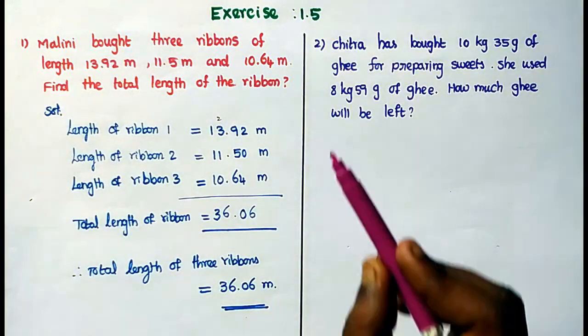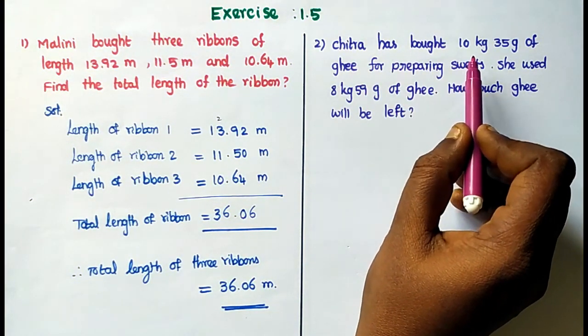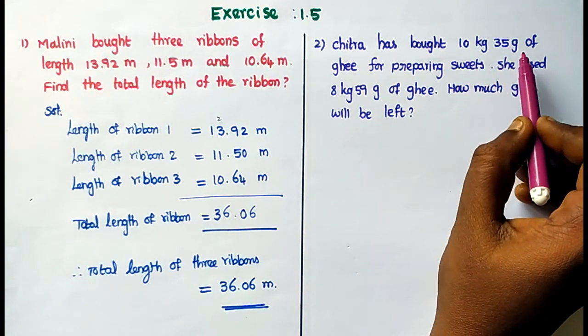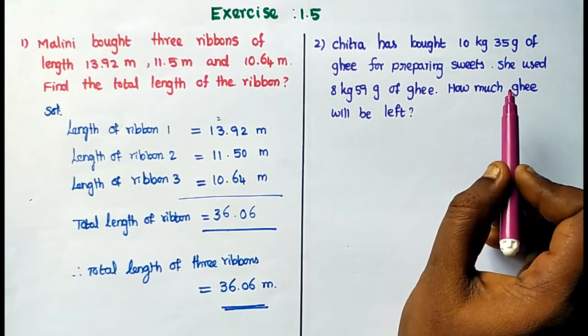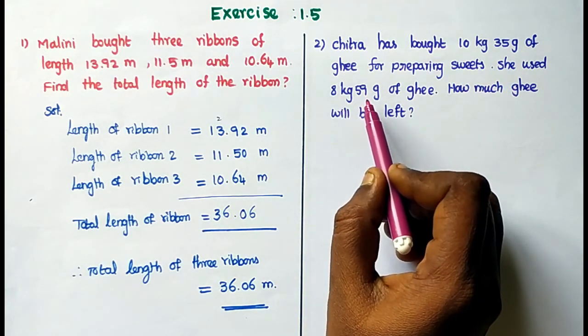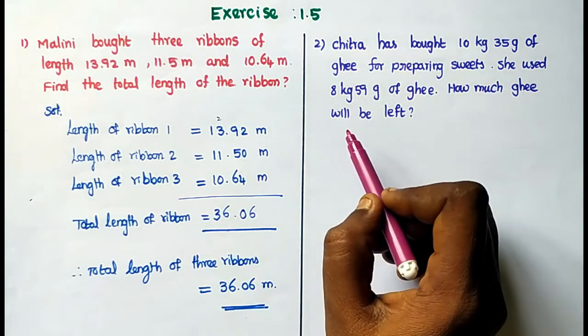Next one, Chitra has bought 10 kilogram 35 gram of ghee for preparing sweets. She used 8 kilogram 59 gram of ghee. How much ghee will be left?